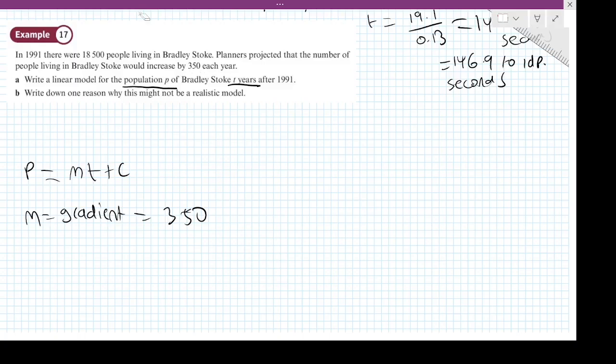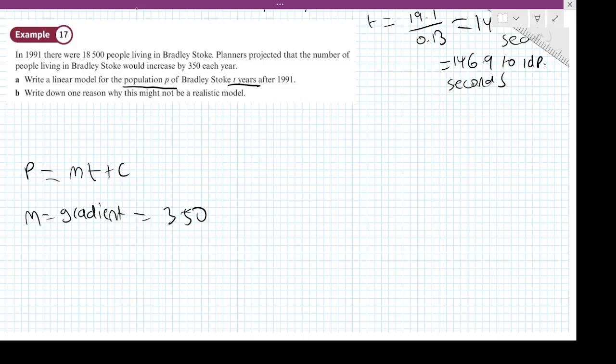So you could be expected, like in this instance, to extract the information yourself to then be able to write down the model. So we extracted the gradient as 350 because that tells us what it increases by. Then the y-intercept, or the c value. In this case it's not y, it'd be p, the p-intercept. Well, again, they're not giving us a graph, so let's have a look again.